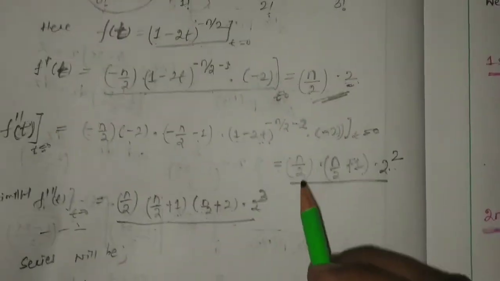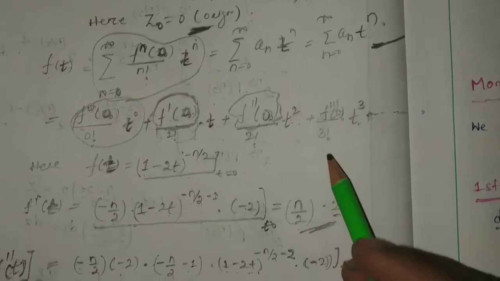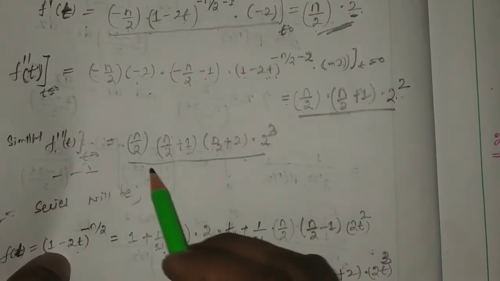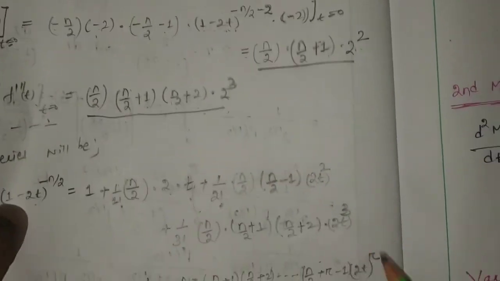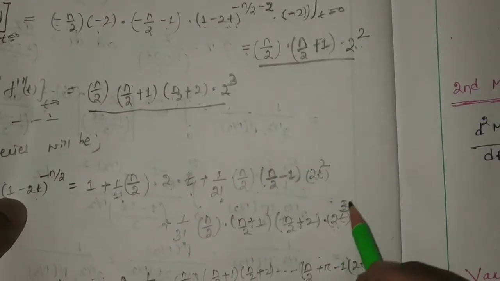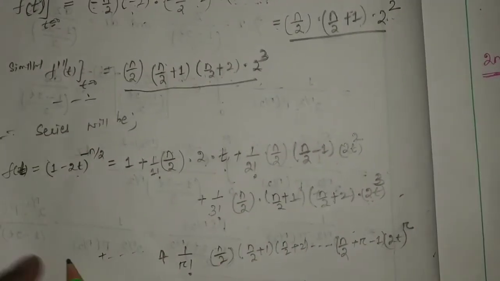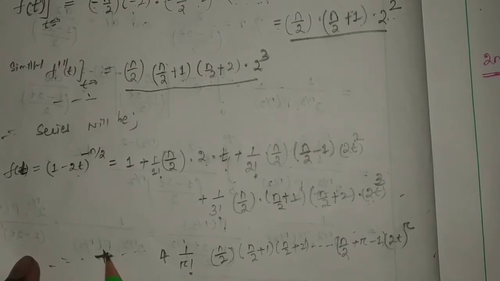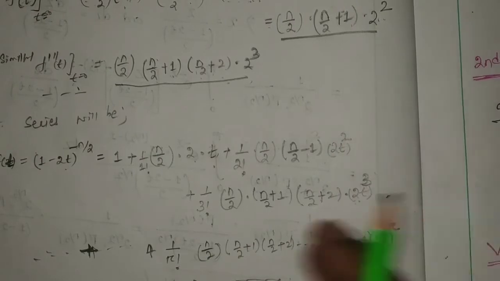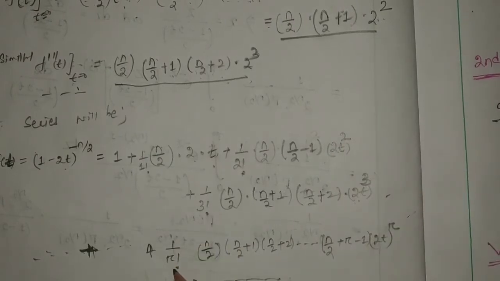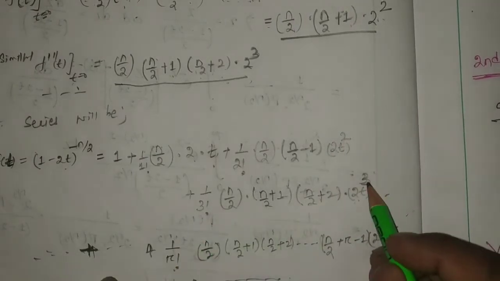Similarly third term is this one, we have to just put over here. So 1 by 3 factorial, this much, and here t cube, 2 cube, we can write 2t to the power 3. So on we can get the terms. And in general one middle term can be written as, see, 1 by r factorial, see here 3 factorial, 2 to the power 3.